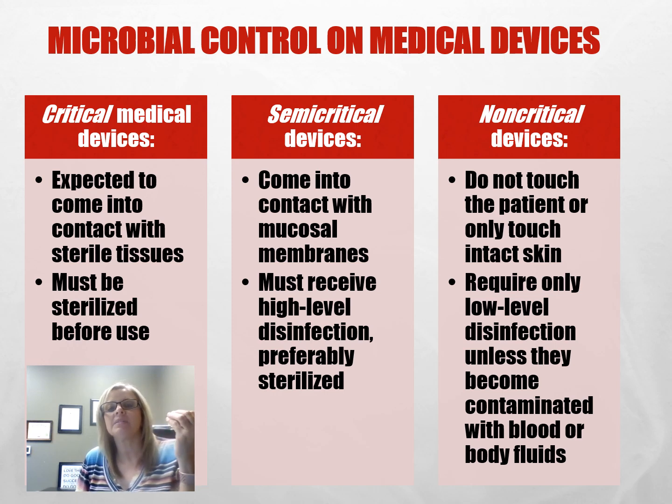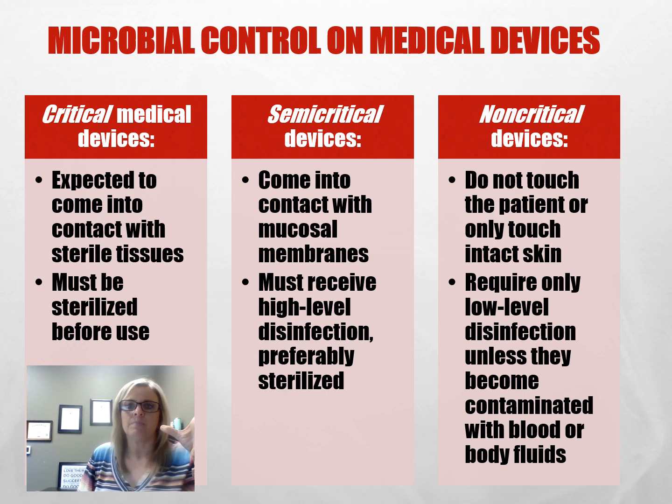Semi-critical comes into contact with mucous membranes. Remember, a mucous membrane is something that lines the opening, something that opens to the outside. So we think nasal passages, but this is also your ears, your vagina, anal, stomach. All of those things are actually mucous membranes, okay? So techniques like endoscopy.